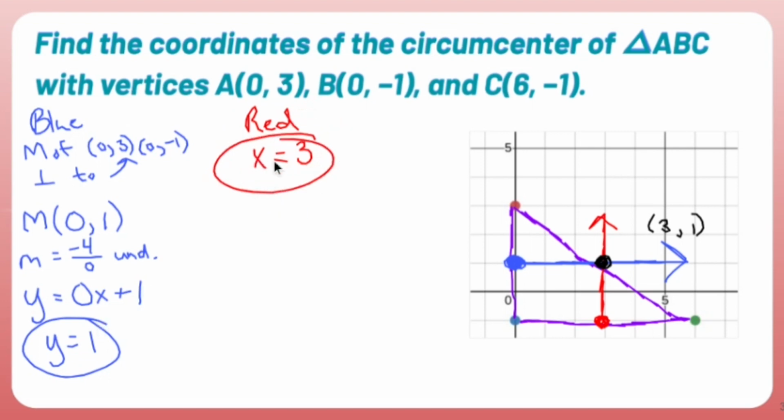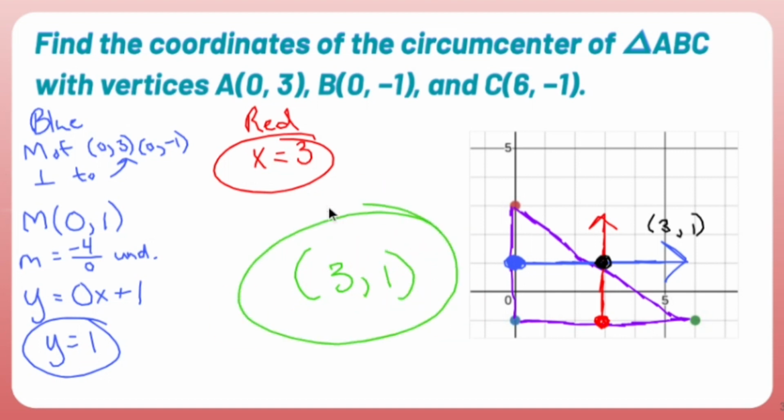Where does x equals 3 and y equals 1 intersect? How about at (3, 1)? Just like I said it would. These problems have a tendency to get more complicated than this, but there you have it. And again, if you can just imagine that circle being drawn right here, that dot right there is the center. That's what circumcenter means.